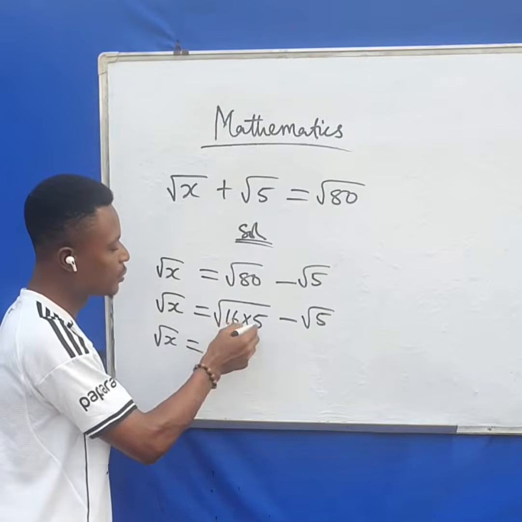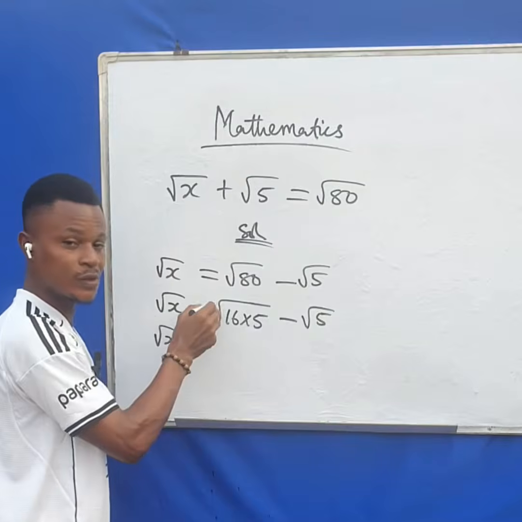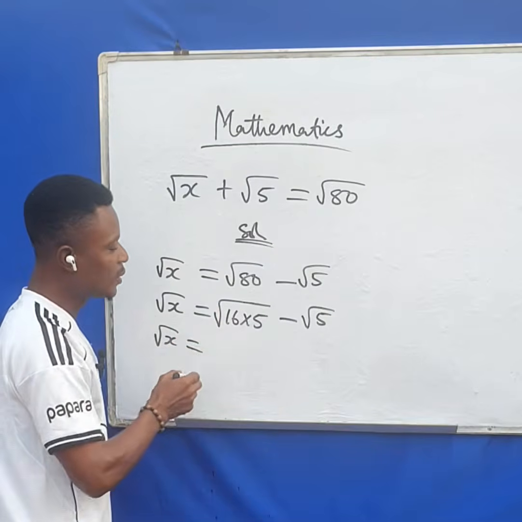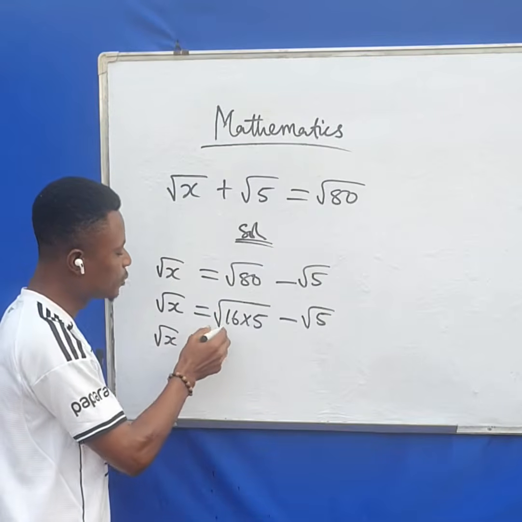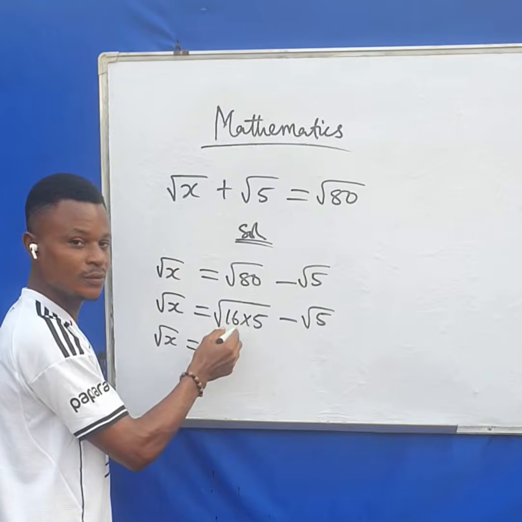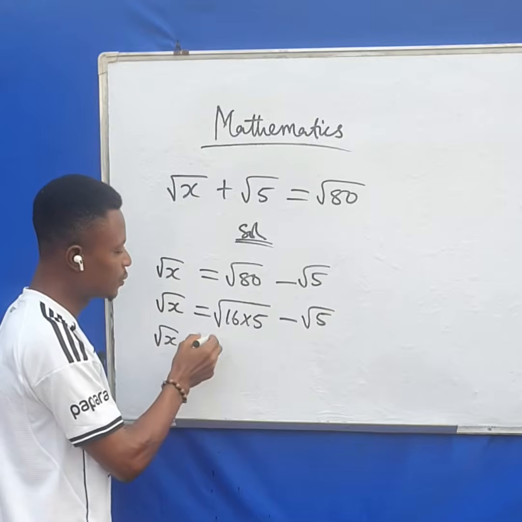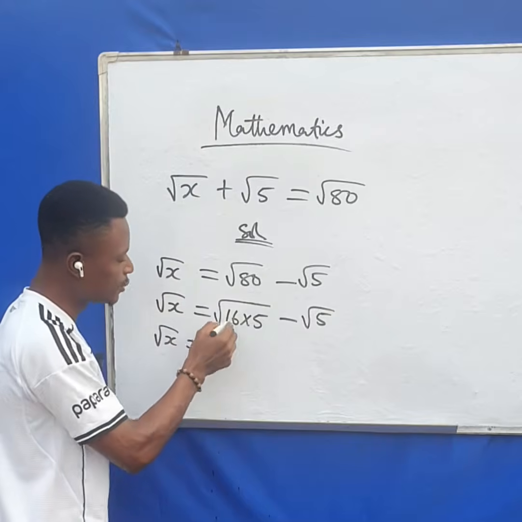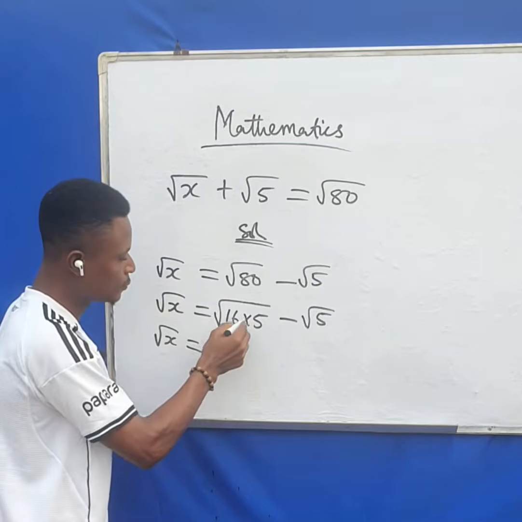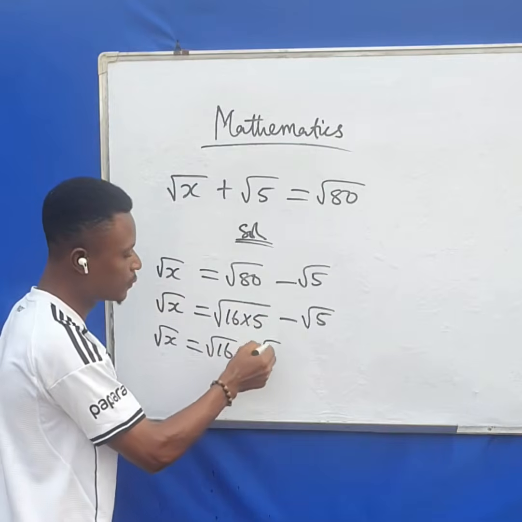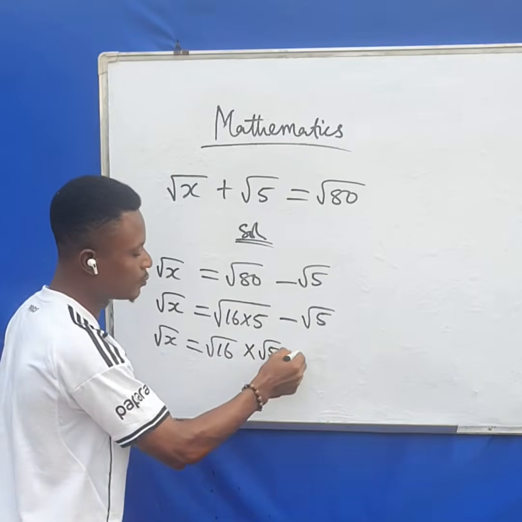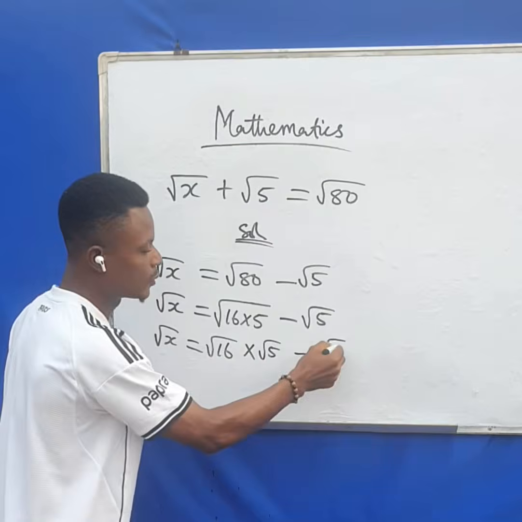Anytime you have two numbers being multiplied inside a square root sign, just like what we have here, we can simply separate the numbers. So this square root of 16 times 5 can also be written as square root of 16 times square root of 5, minus square root of 5.